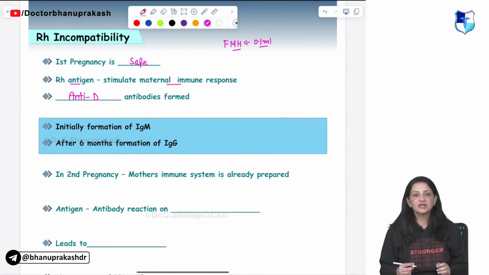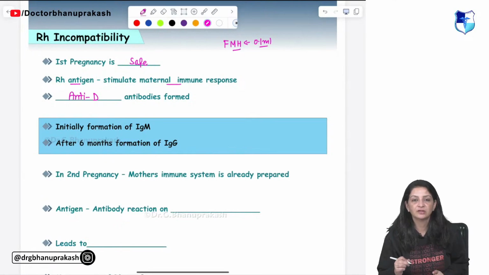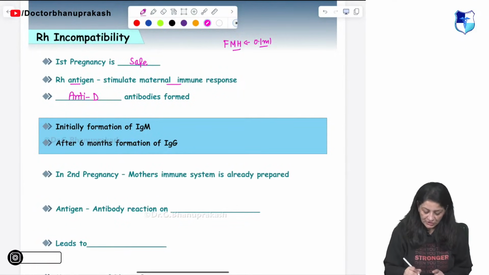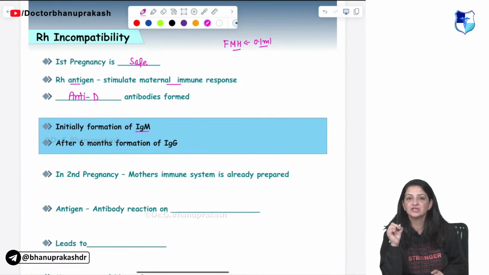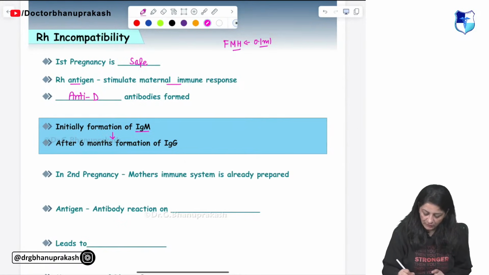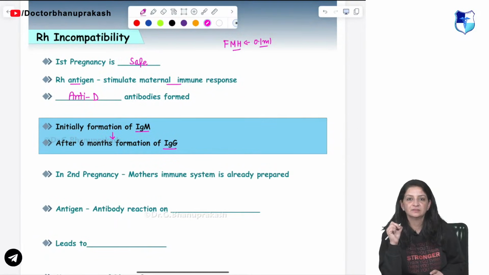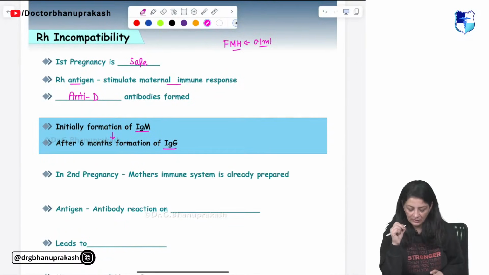Initially there is a formation of IgM antibodies. Then after 6 months there is a formation of IgG. IgM will not cross the placenta, but IgG can cross the placenta.